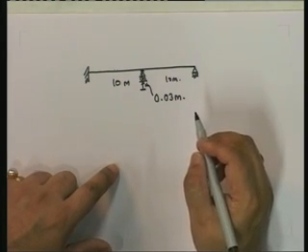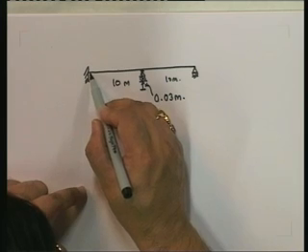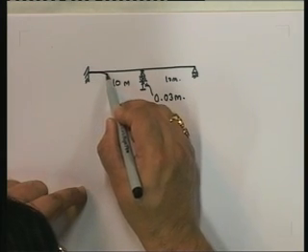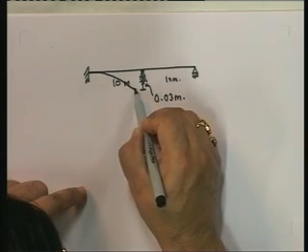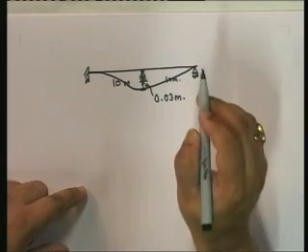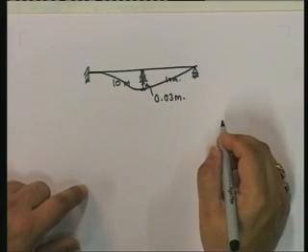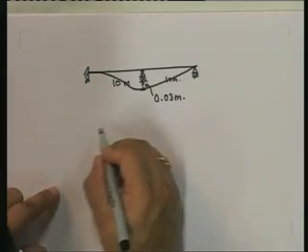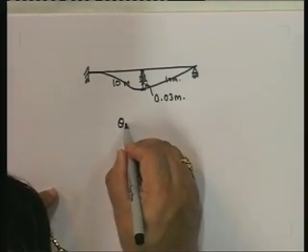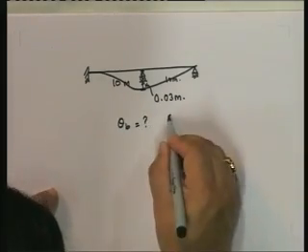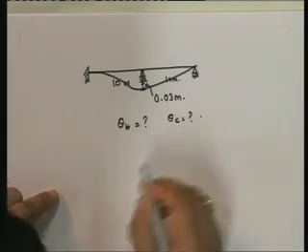Then what do we have? If you look at it, this is going to become something like this. So again, I have theta B unknown, theta C unknown.